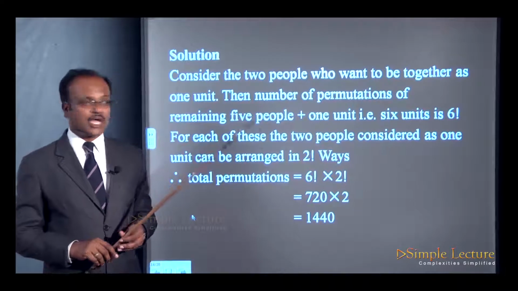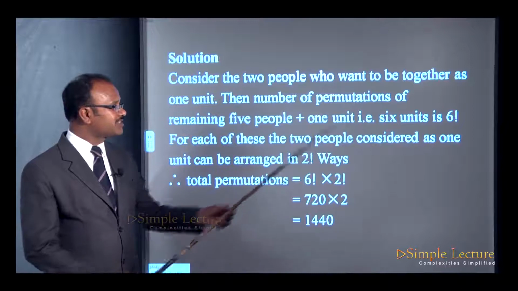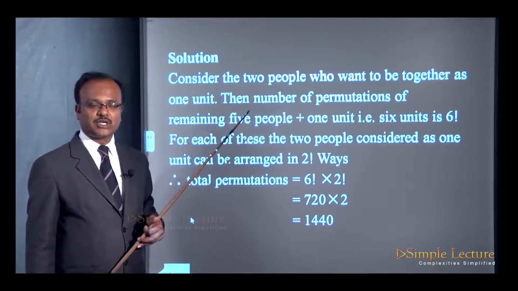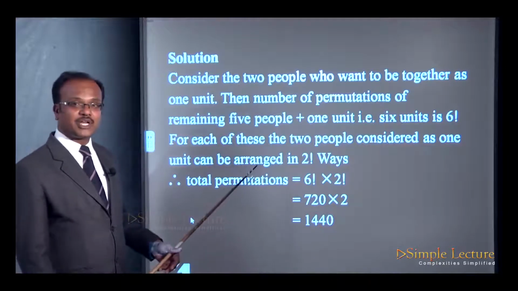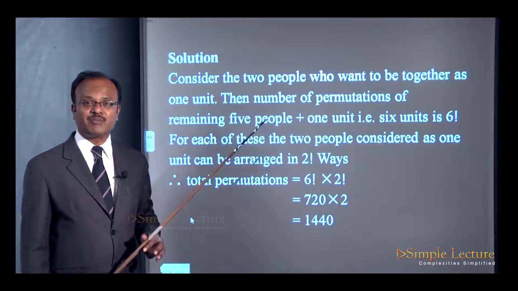Got it? Okay. So, therefore, for each of these, the 2 people considered as 1 unit can be arranged in 2 factorial ways.